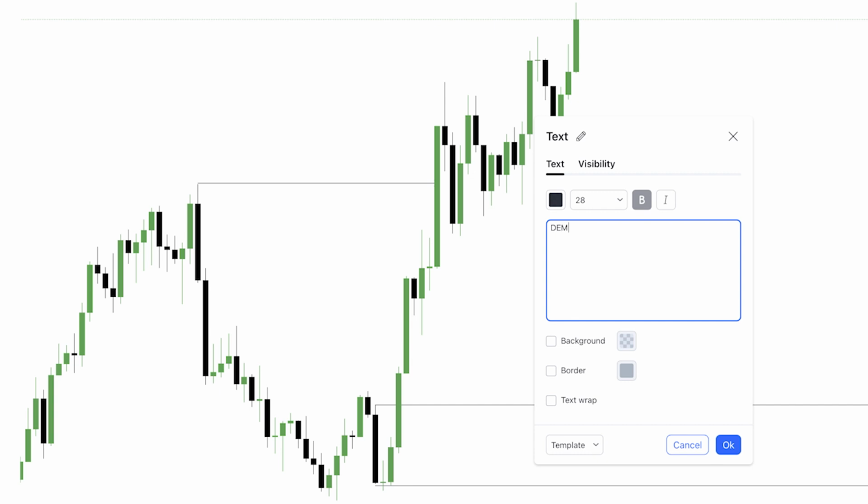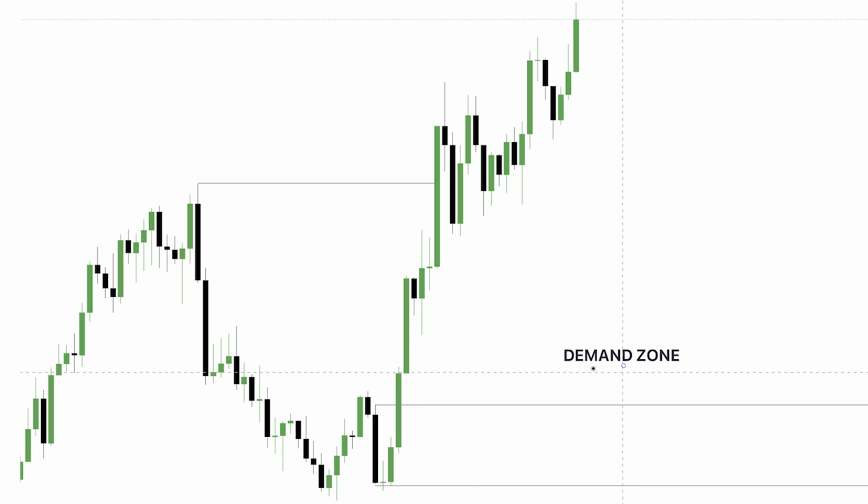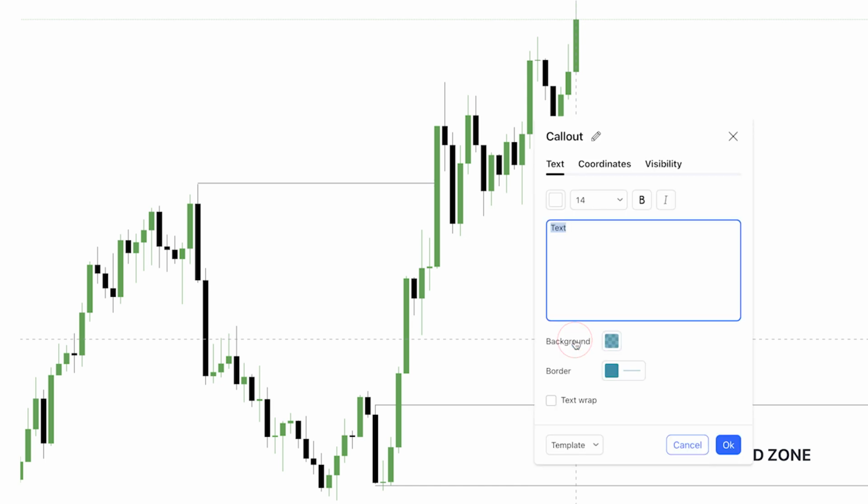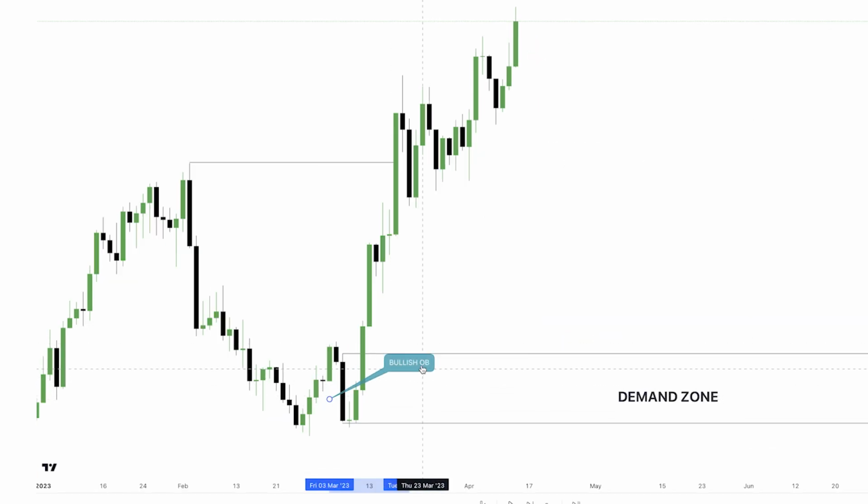Our demand zone is where we are waiting to take a buy, following the footprint of the big boys. So this is our demand zone, and then we also have our bullish order block. So this is now our bullish order block, the red candle, sorry, the black candle. I was talking about red, the black candle.